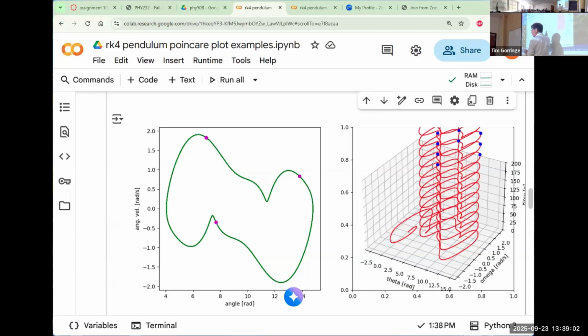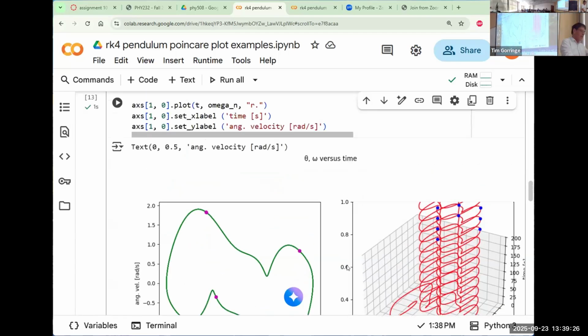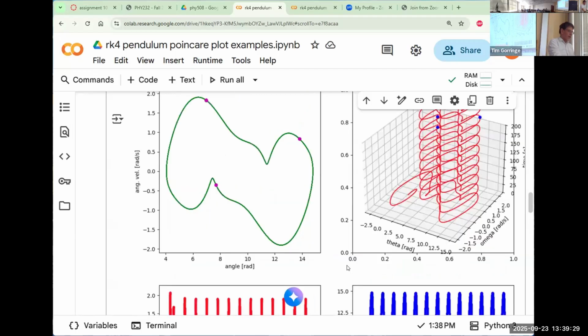And when we're sampling it periodically in the driving period, we see 3 distinct points here. So maybe we've had a period doubling, and then one of those paths that got doubled, it doubled itself. So that might create a period that's 3 times the driving period. And this is again the onset of chaos.